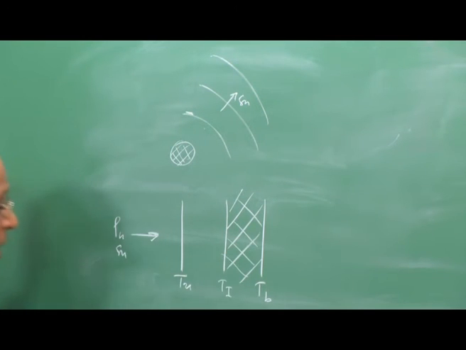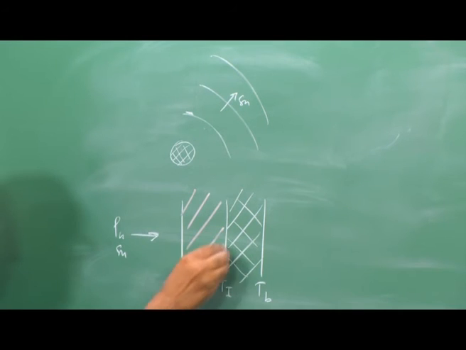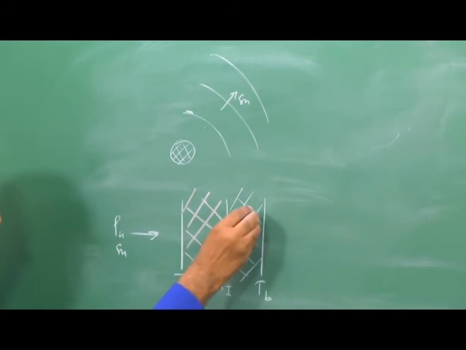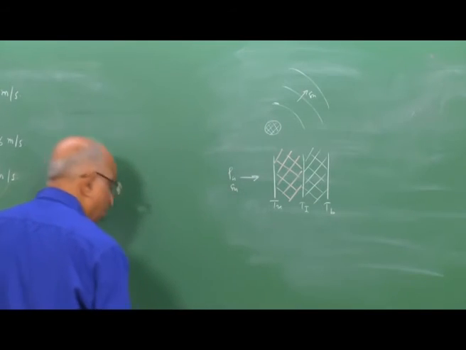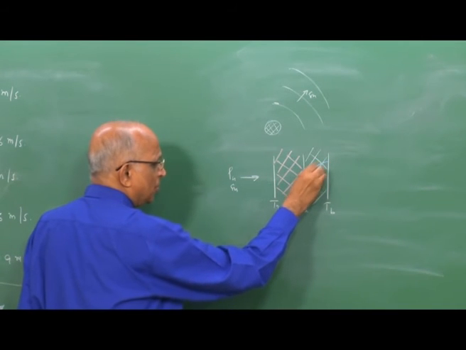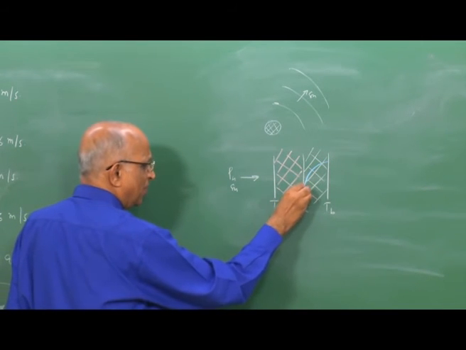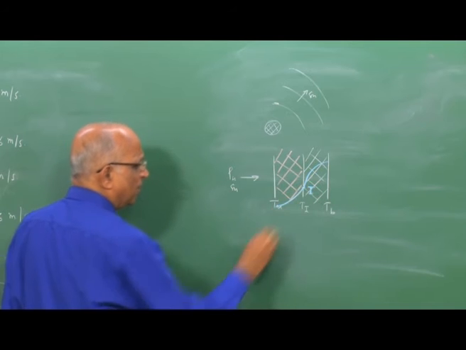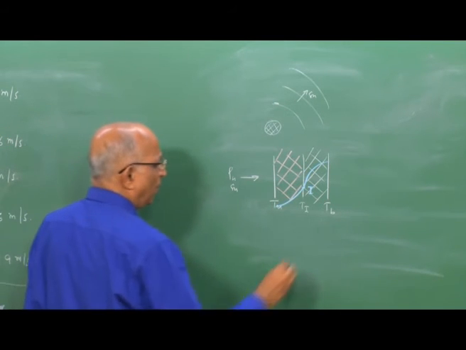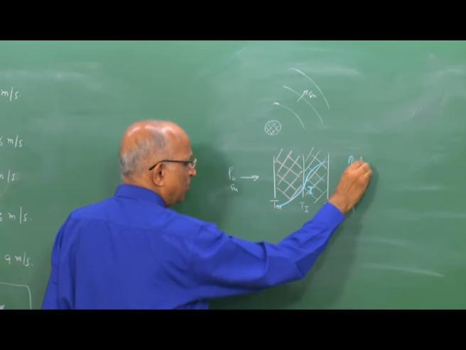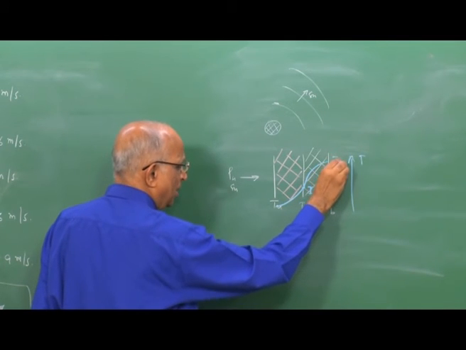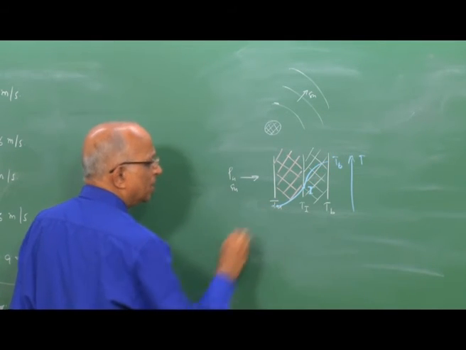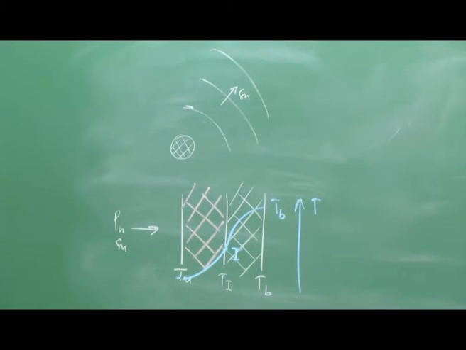This is the zone in which preheat is taking place, and if I plot the temperature, what is the temperature distribution? Something like this. This is the inflection point over here, Ti. The scale is for the temperature. The temperature is Tb here. I have Tu over here. This is the type of progression you find.